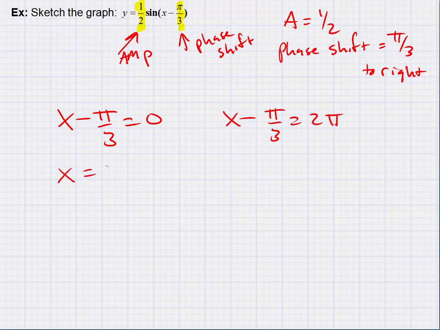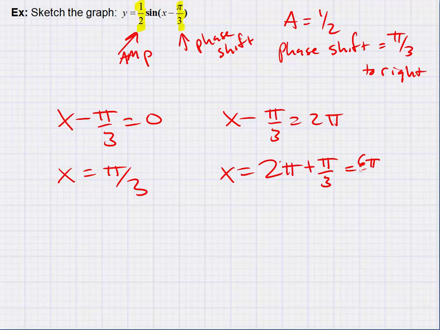I'm going to get x equals pi thirds, and x equals 2 pi plus pi thirds, which is 6 pi thirds plus pi thirds, giving you 7 pi thirds. So now these are my endpoints, and from there I want to start to put my graph together.